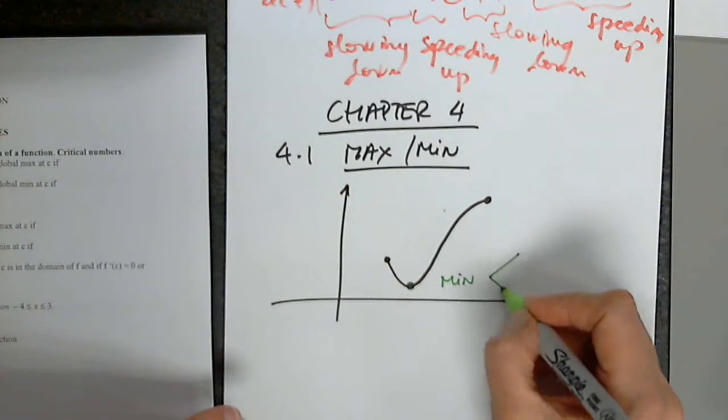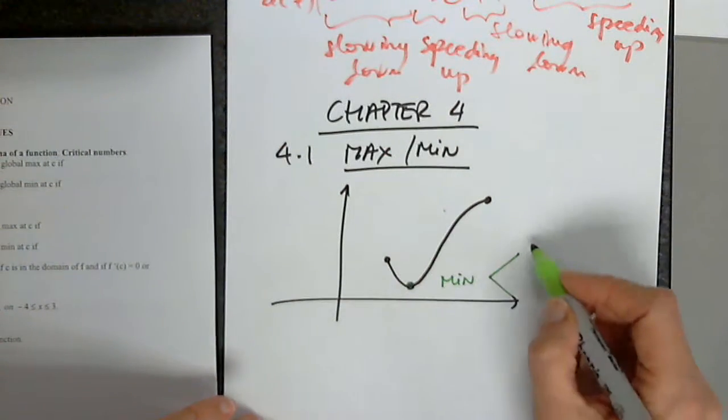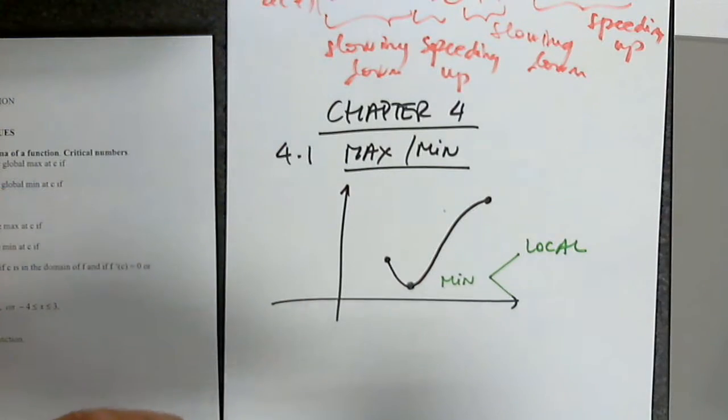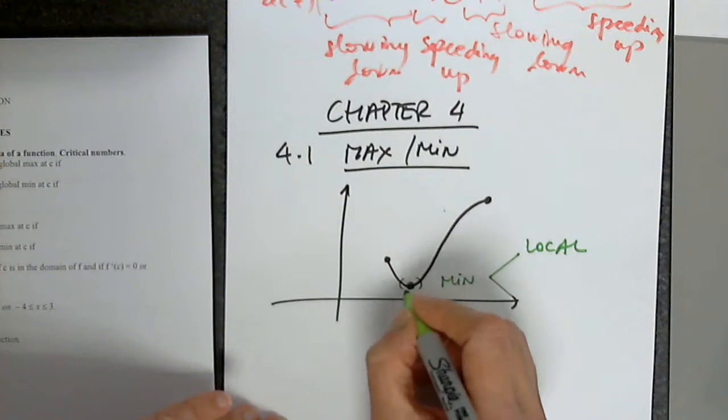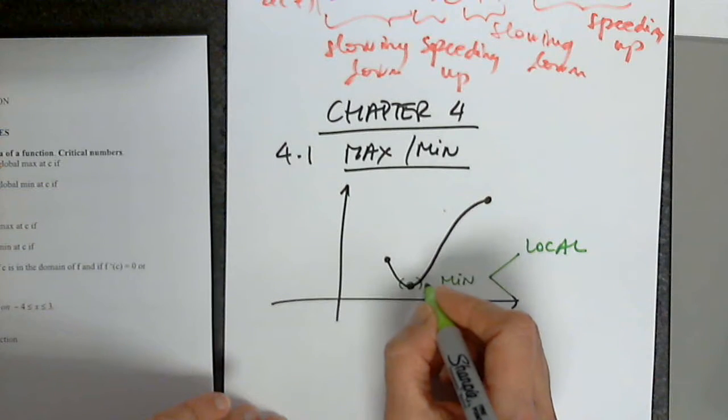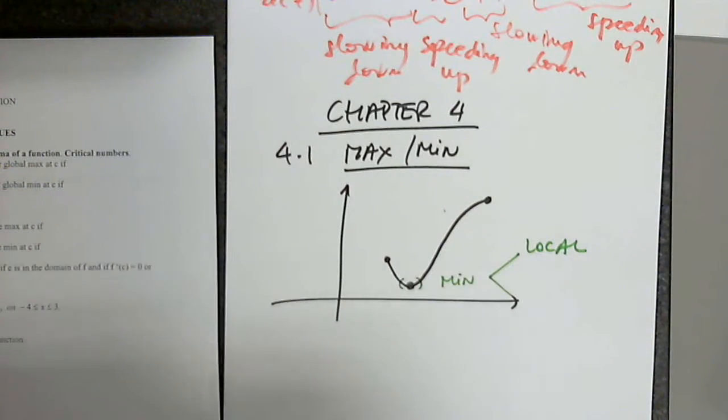And it's of two types of minimum. It is local. Why is it called local? Because I can show an open interval, and the open interval has to be on both sides, not just on one side. I can show you an open interval around that point where all function values are bigger than that one. So that's why this is a local minimum.